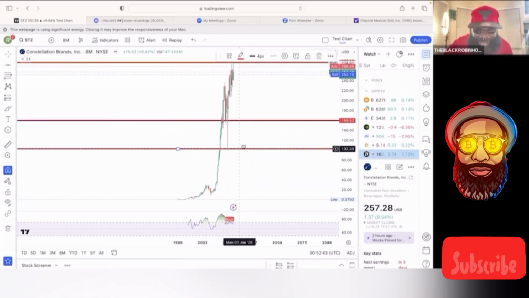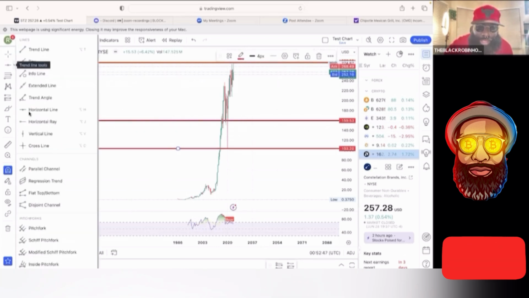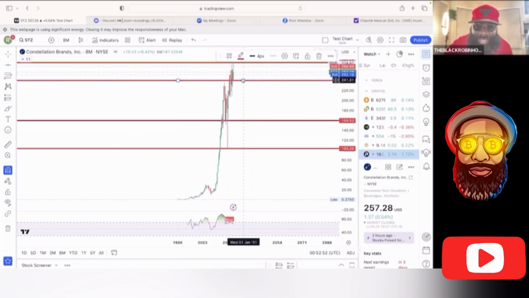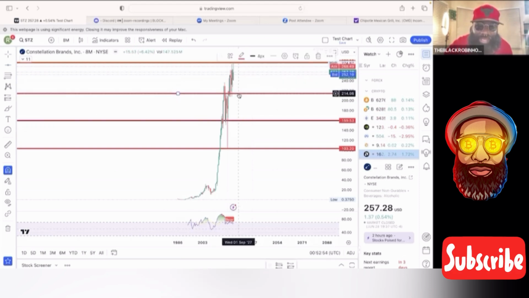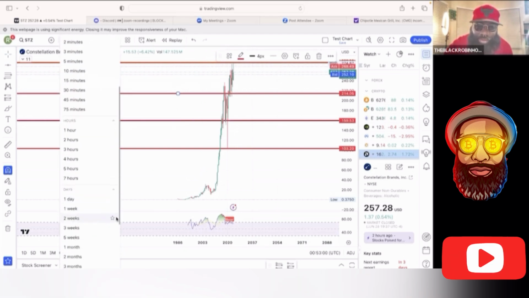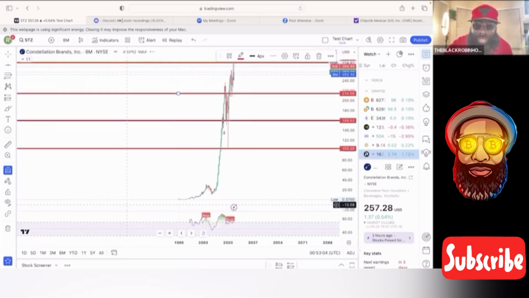So start from a higher time frame and then draw your lines or your levels based on where price has pivoted, right? So this is an 8-month chart. I'll go down to 6 months, right? It doesn't change much.